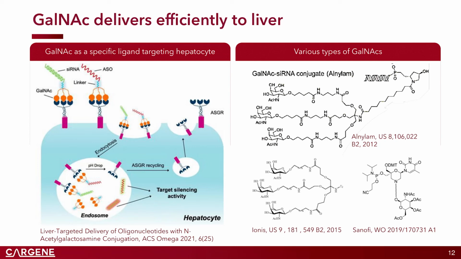If you look at the top left, you can see the tri-GalNAc is conjugated to the siRNA, and it binds to the ASGPR, and once it forms this complex, it will be pulled into the cell through endocytosis, and then further go into the endosome.